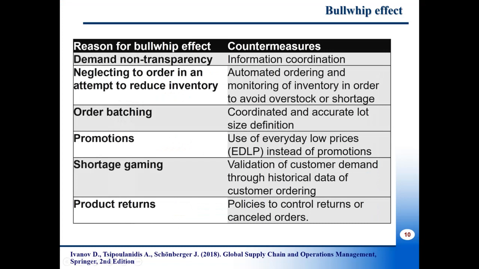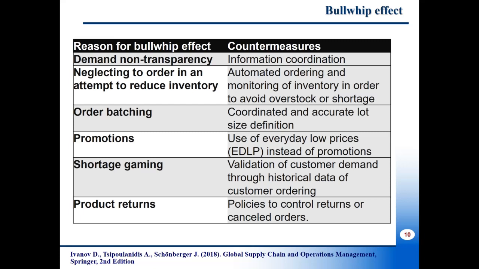A bullwhip effect makes the pattern of delivery from a supplier to a buyer more erratic, and negative consequences such as higher safety stocks, inefficient production, surplus or sometimes shortage, and low or peak utilization of distribution channels can be recognized. As a countermeasure for the bullwhip effect, the following can be identified.